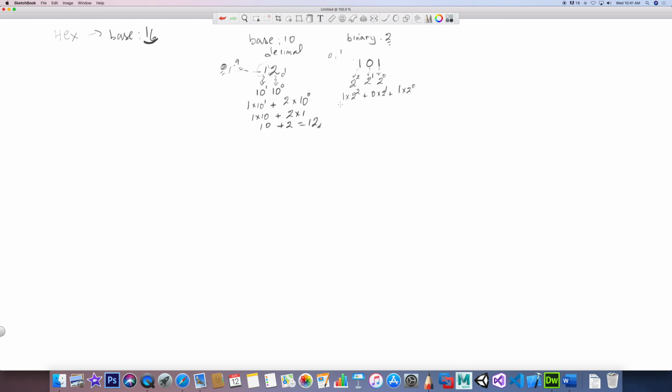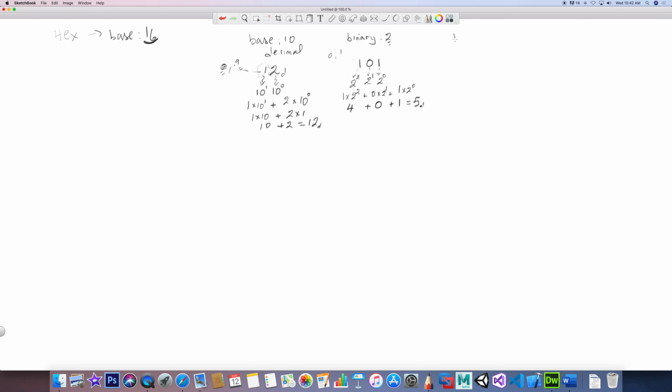Right? So if we break each one out, 1 times 2 to the 2 is 4. This would be a 0, so you're adding nothing, you're multiplying 0 by something. And this will be simply 2 to the 0 is 1, so this would be a 1. So this value is equal to 5 in decimal. So as you can see here, our objective here is to convert to decimal.